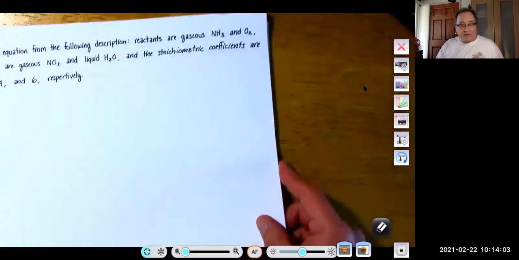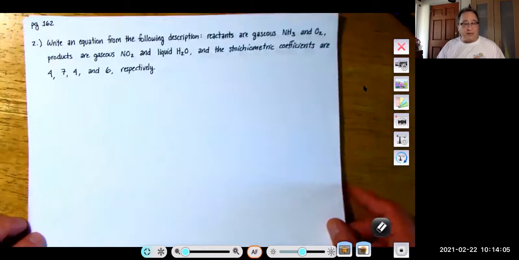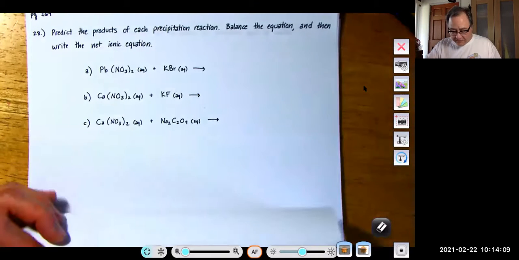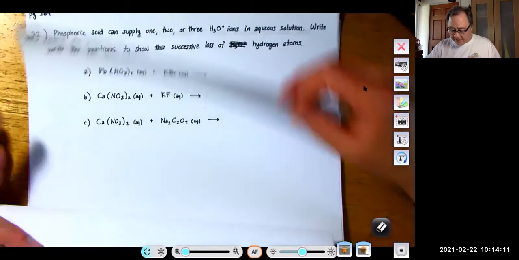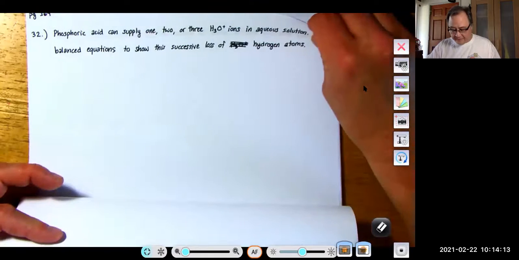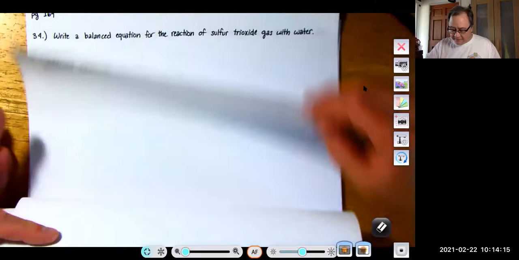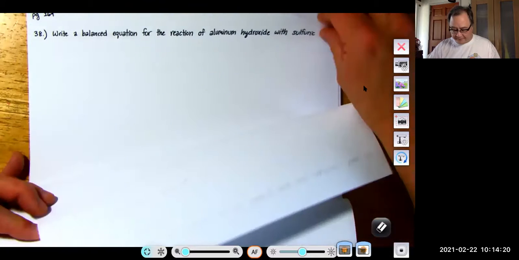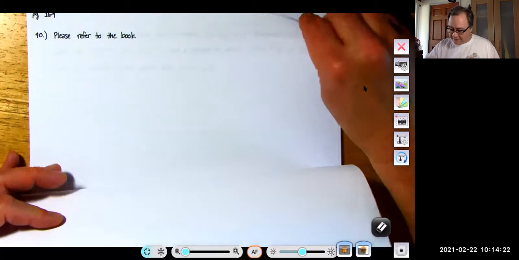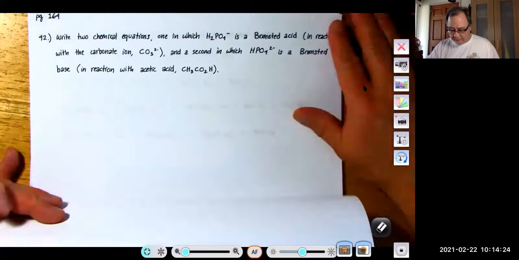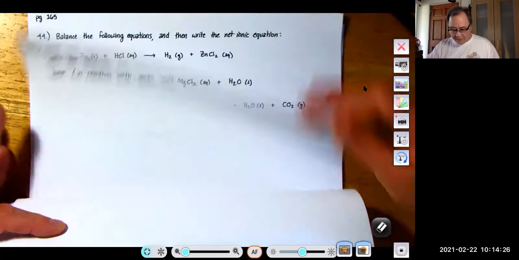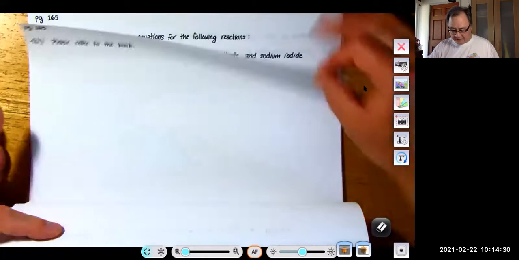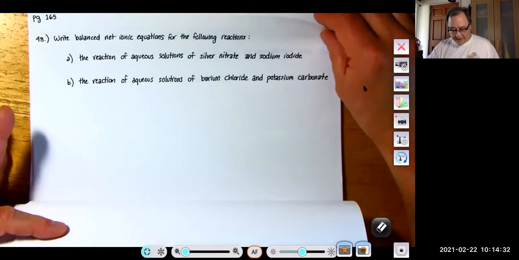Okay, well, if you don't have any other questions, then we're going to start doing some problems from the back of the book. I believe we left off, let me see if I can find it. I think we got into the 40s. I know we did 42. We did that one.